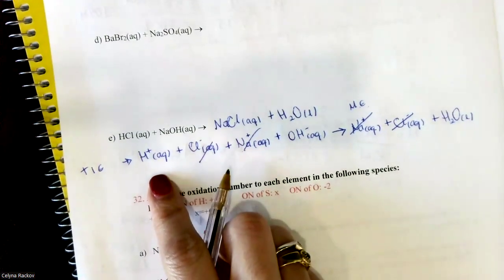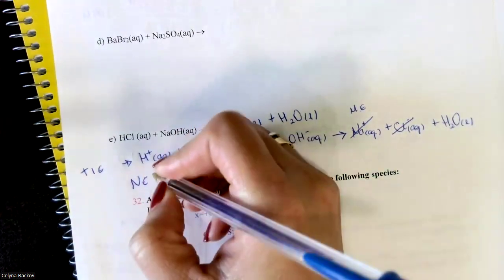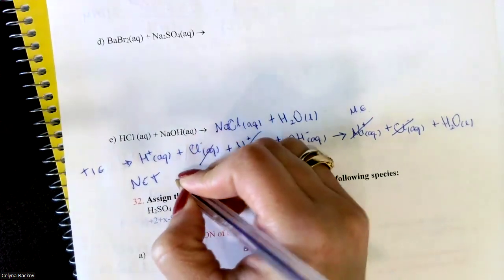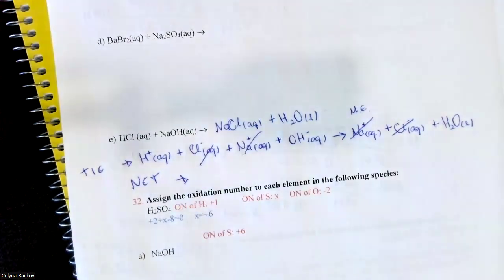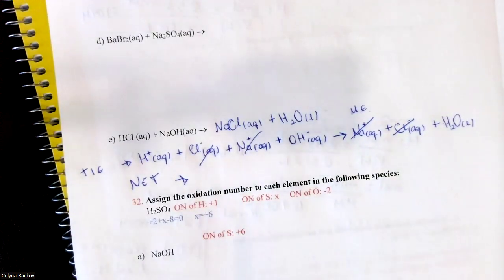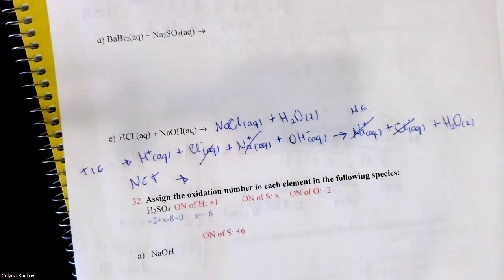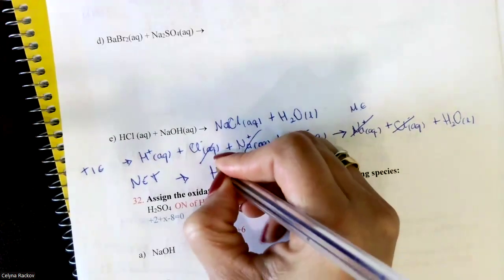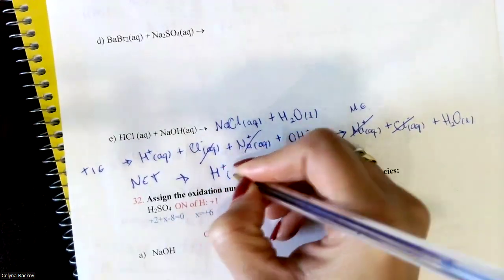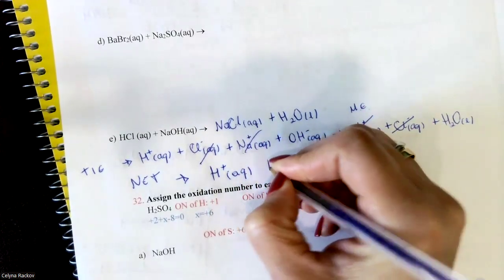Now, what's the net ionic equation here? The net ionic equation, right, will be everything that you did not cancel out. Everything that does not have spectator ions. Spectator ions are the ions that we cancel out because they are not reacting, they are not changing. So the net ionic equation is the step that really show the reaction, the step of the reaction, right?